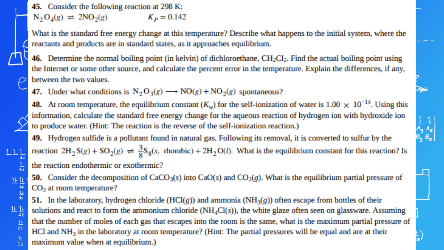Determine the normal boiling point of dichloroethane. Find the actual boiling point using the internet or some other source and calculate the percent error in the temperature. Explain the difference. Okay, this is a little interesting.